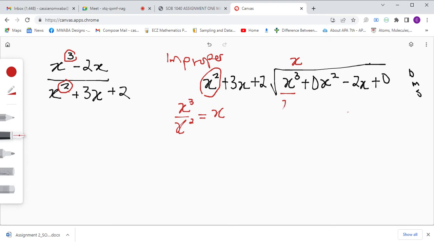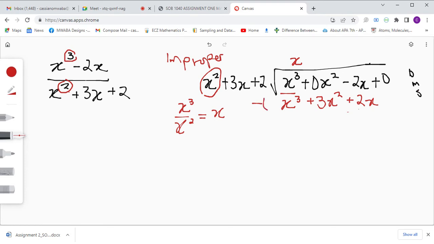Then we multiply. So x times x squared, we get x cubed. X times 3x, we get 3x squared. X times 2, we get 2x. Now step 3, we subtract.